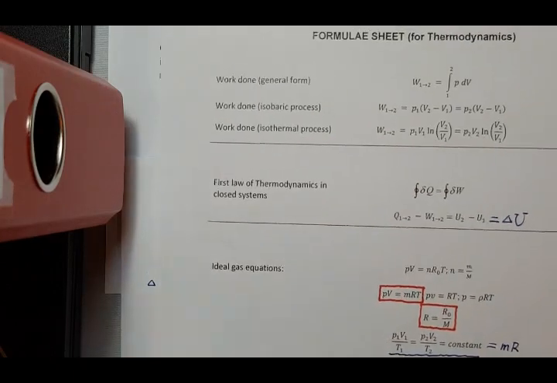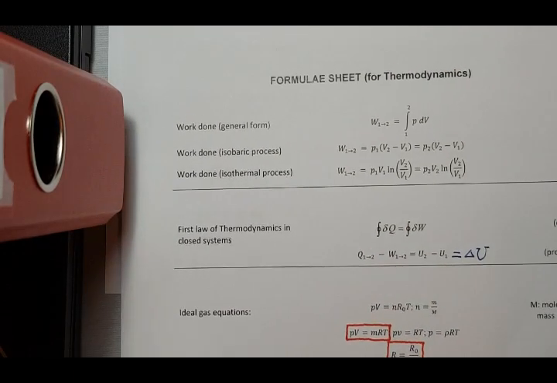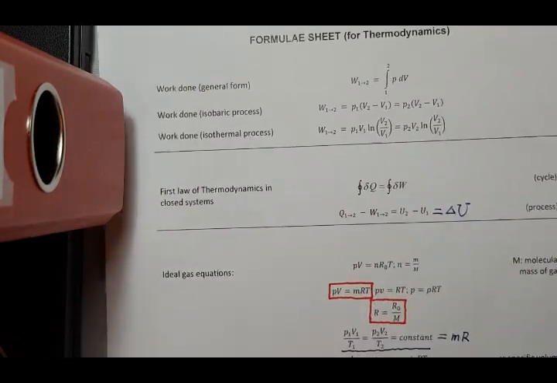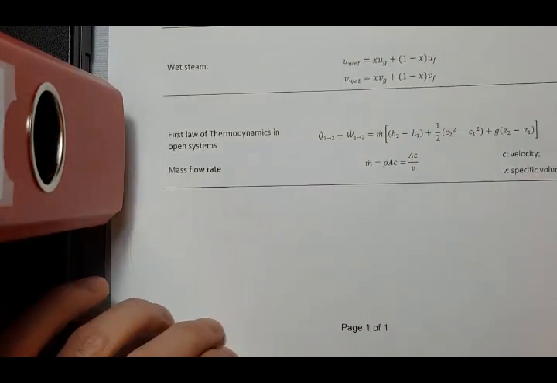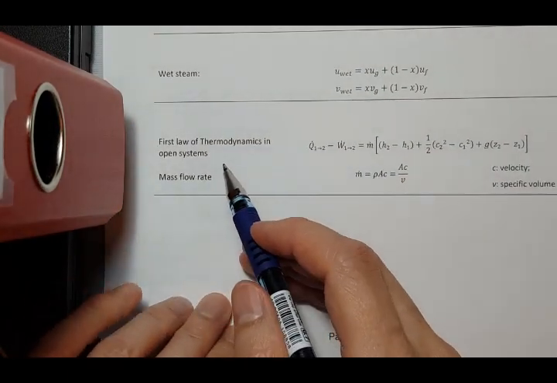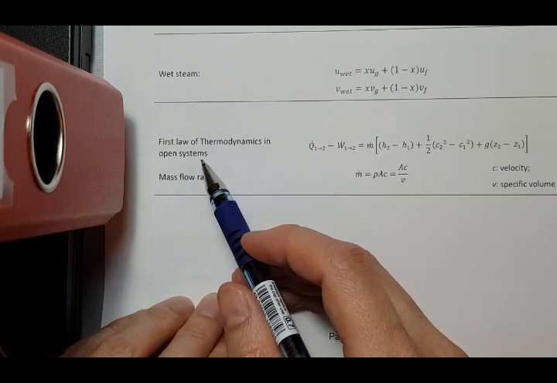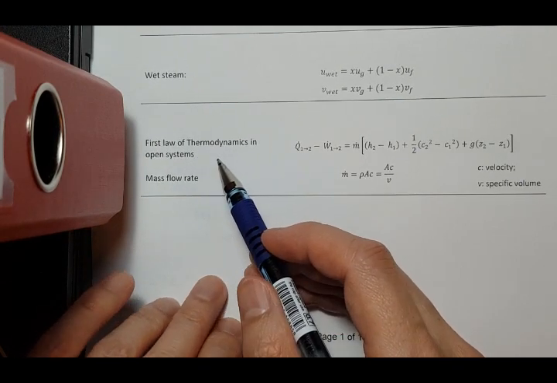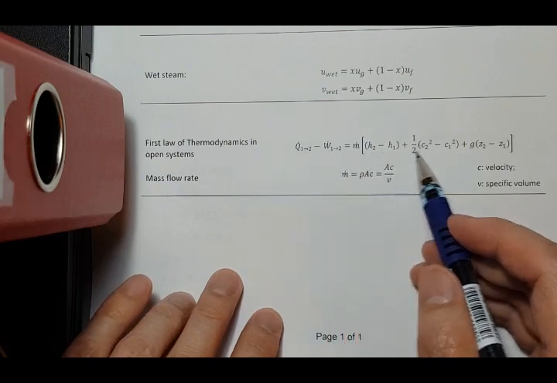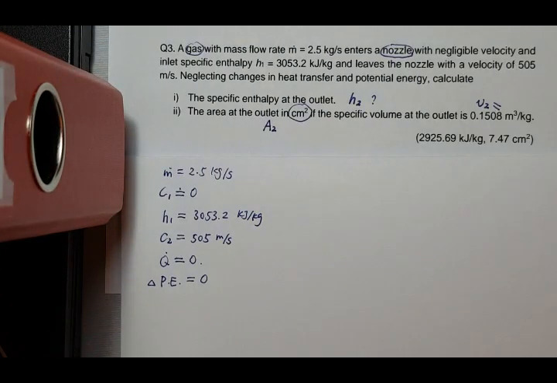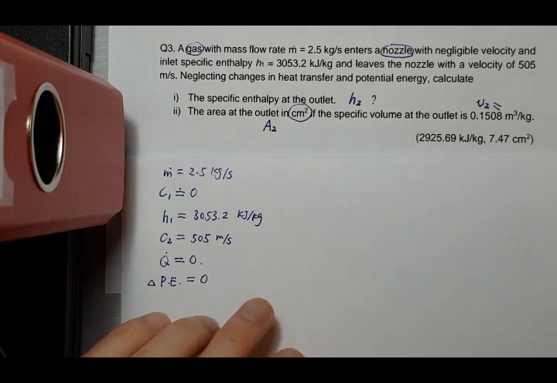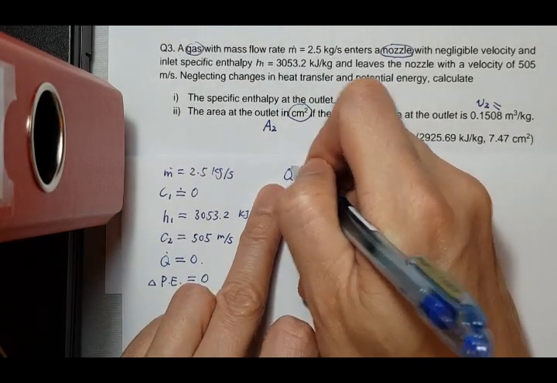Okay, so in the formula sheet, if we are not sure about how to simplify that equation, we can do it again. So this equation applies to any open system for any device. Okay, so we have a long equation. First of all, you can just copy that long equation down, and then we have a look.